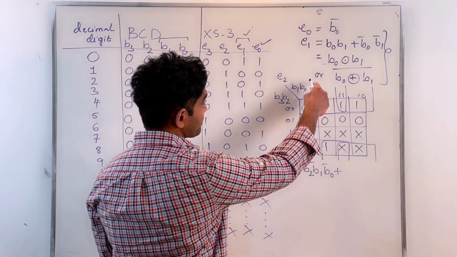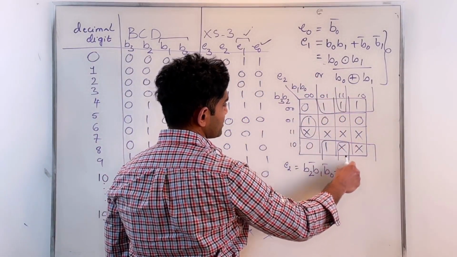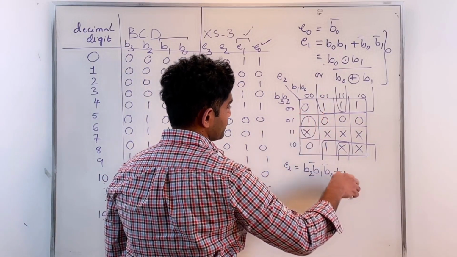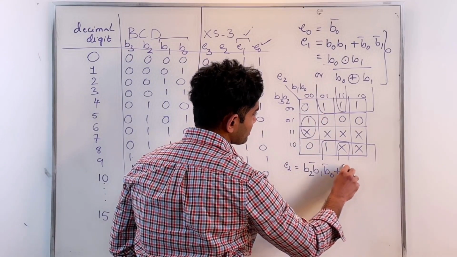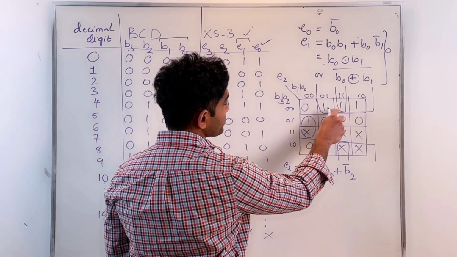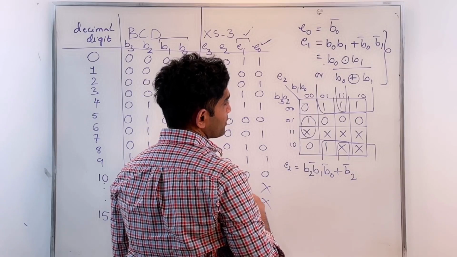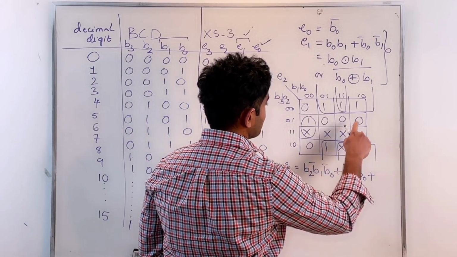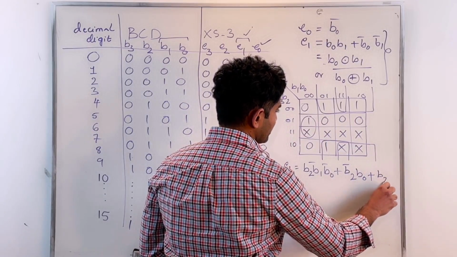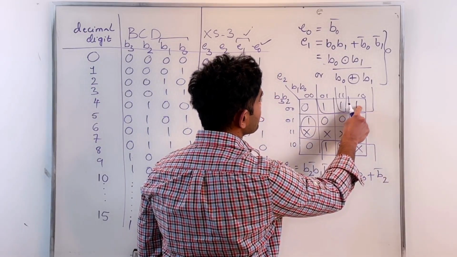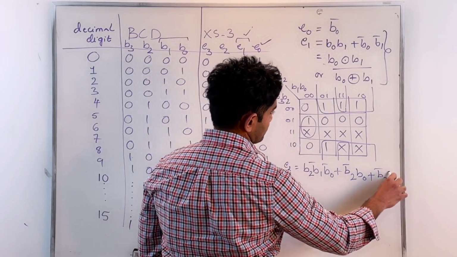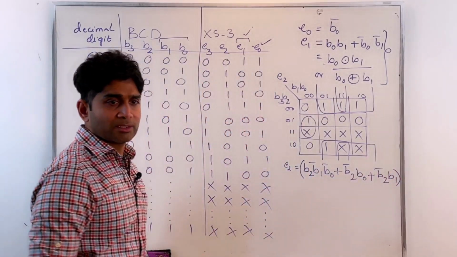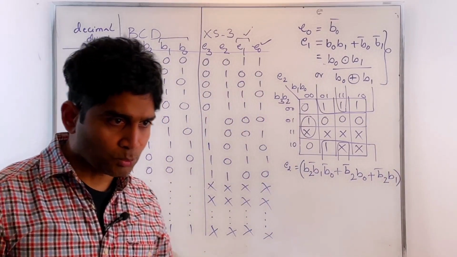For this particular combination of adjacent ones, I have B2 prime, and if I go from here to here, I have 0, 1, 1, 1, so I have B0, plus again B2 prime, going from here to here, I have B1. Okay, and that gives me my E2.